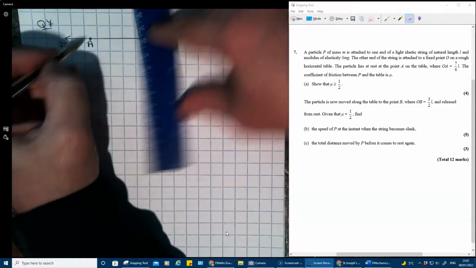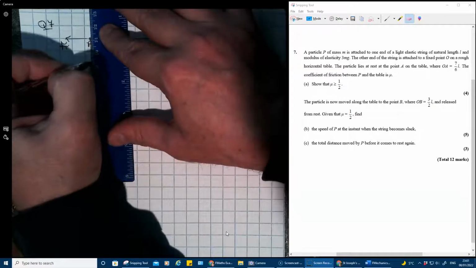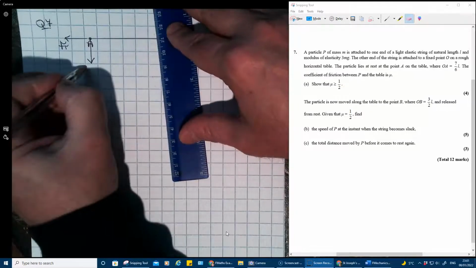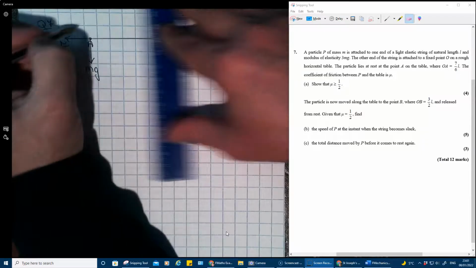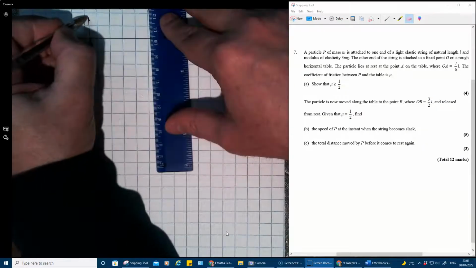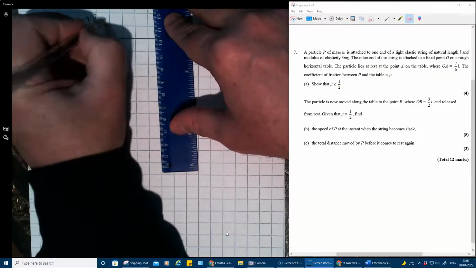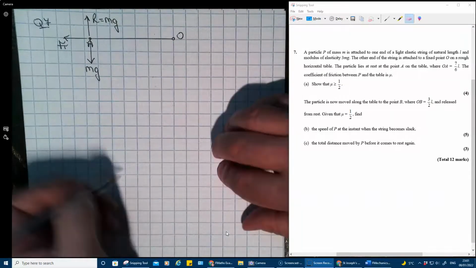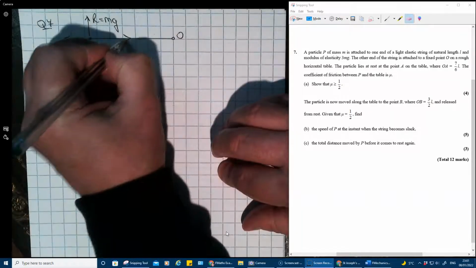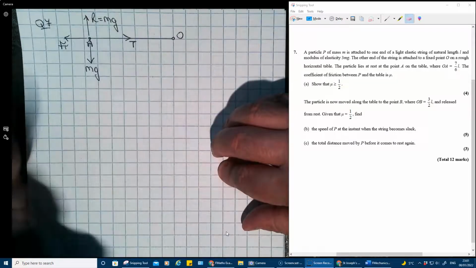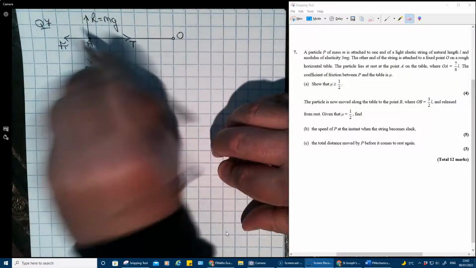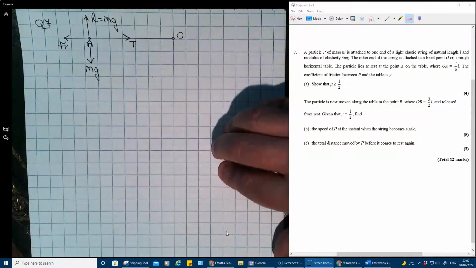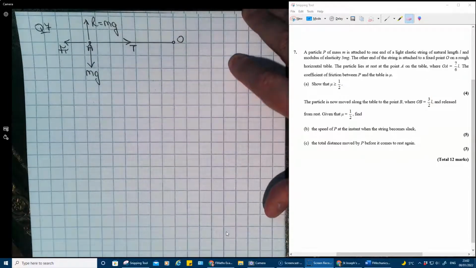We're told the mass is m, so the normal reaction would also be mg, and there'll be a tension in the rope pulling it back. The tension is pulling it to the right, therefore friction, opposing motion, goes to the left.